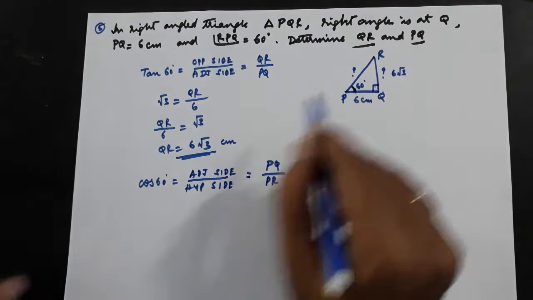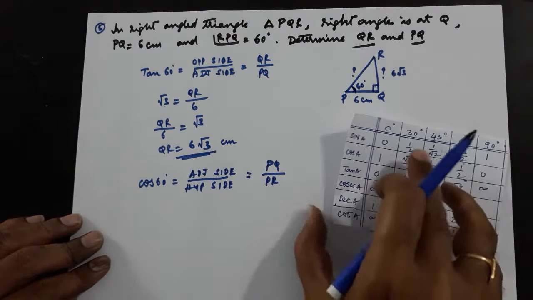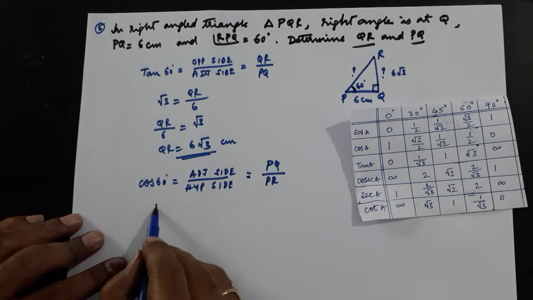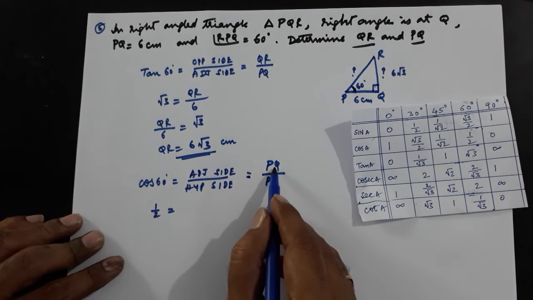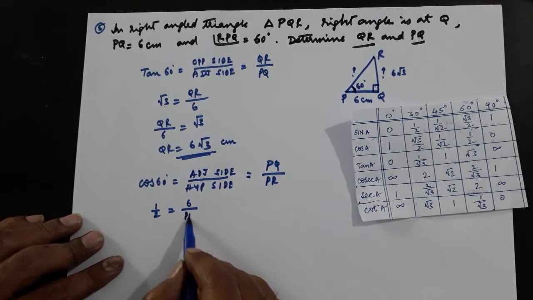So what is cos 60? Cos 60 is 1 by 2. So if you put here 1 by 2, what is PQ? 6 centimeters divided by PR, we don't know.